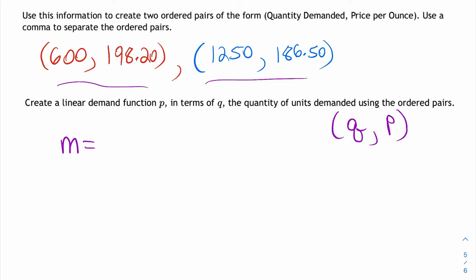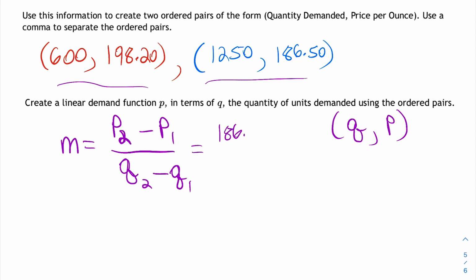So the slope is going to be P2 minus P1 over Q2 minus Q1, because we are replacing the x's and y's with q's and p's. The numerator is a difference in the prices. It's going to be 186.50 minus 198.20.